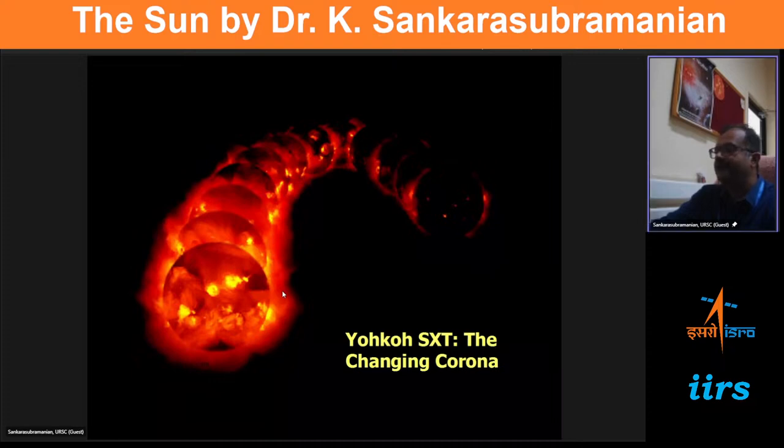This gives you a picture of the 11-year cycle in X-rays. You see that when the sun is at minimum, you don't see any activity in the coronal regions. X-rays actually image the corona, so you don't see much activity there. As you start to see more and more active regions, you see plenty of activity in the corona.